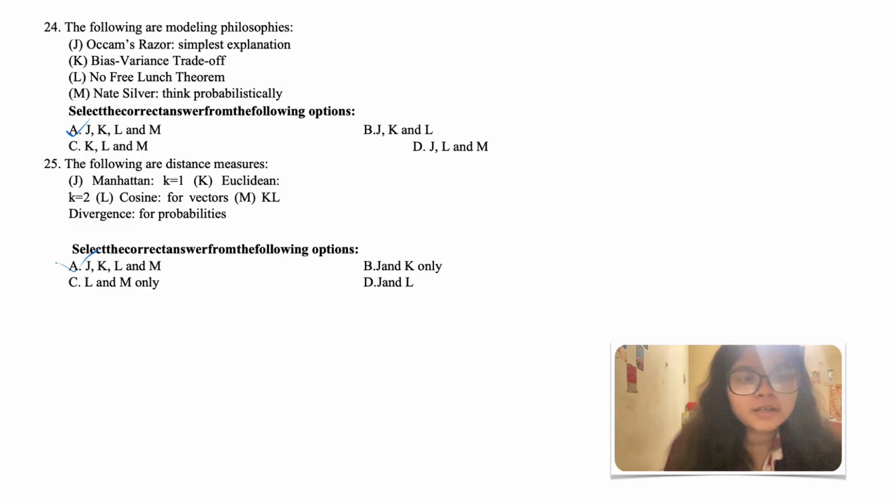All these are modeling philosophies, so option A is correct. The following are distance measures: Manhattan k equal to 1, Euclidean k equal to 2, cosine for vectors, and KL divergence for probabilities. All these options are correct. So distance measures help calculate the distance between 2 points in space, and all these are used for doing so.